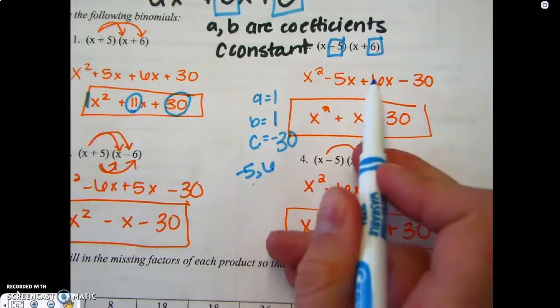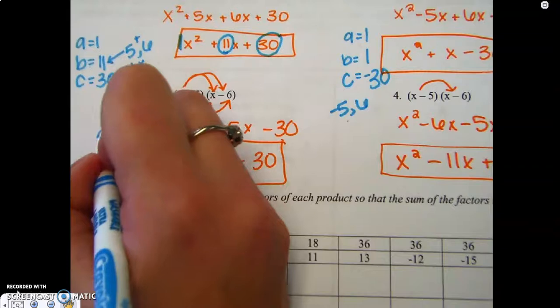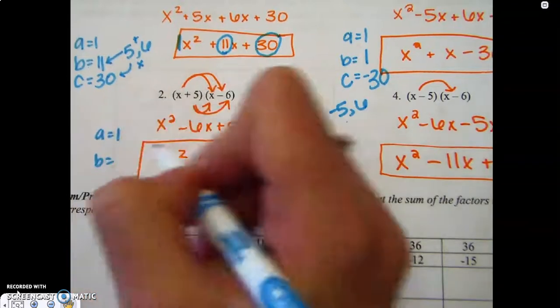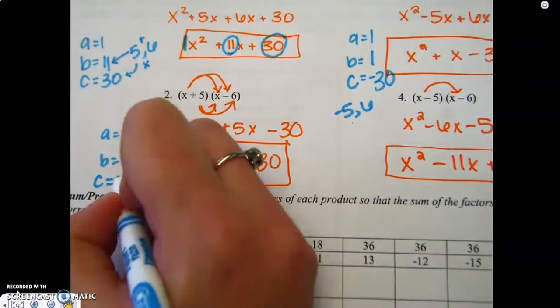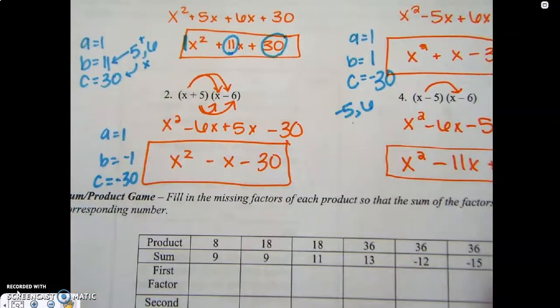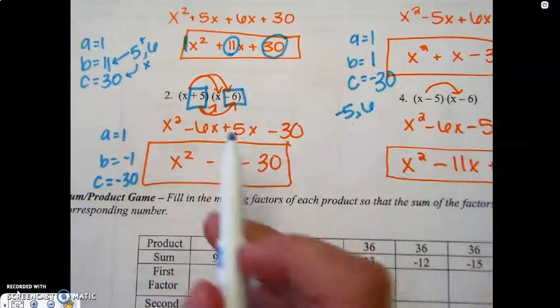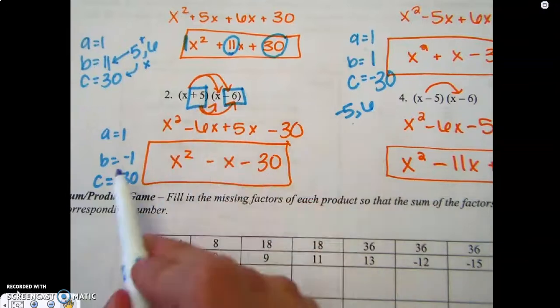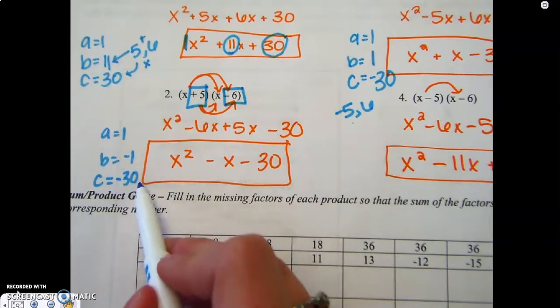So again, that pattern holds true. In this polynomial, A is 1, B is negative 1, and C is negative 30. So if I look here, I have a positive 5 and a negative 6. If I add 5 minus 6, I get negative 1. If I multiply them, I get negative 30. So again, this pattern still holds true.